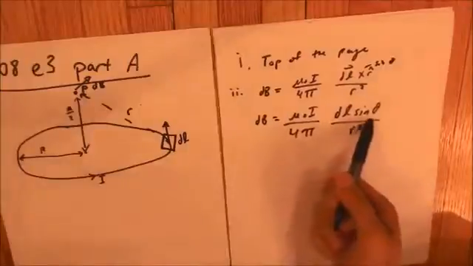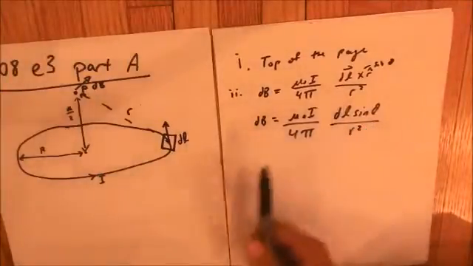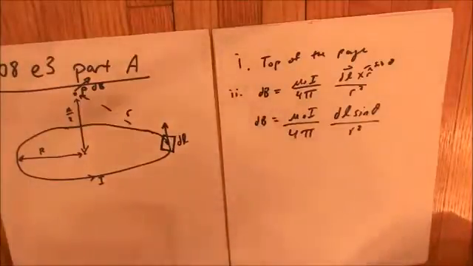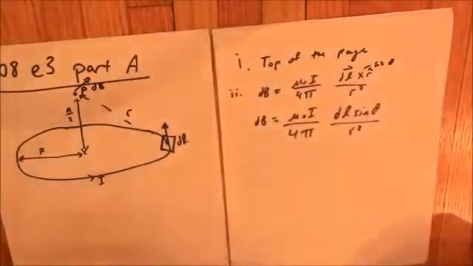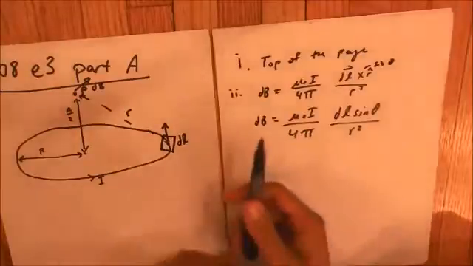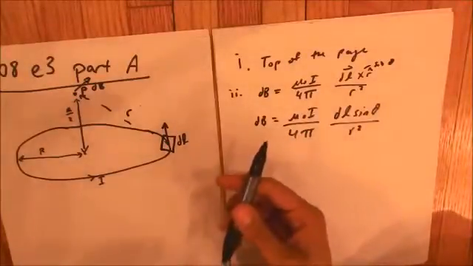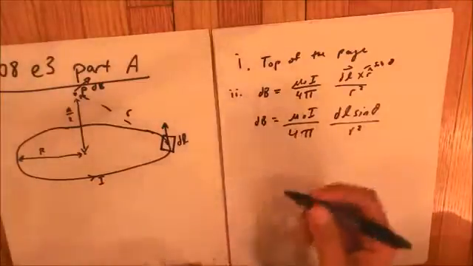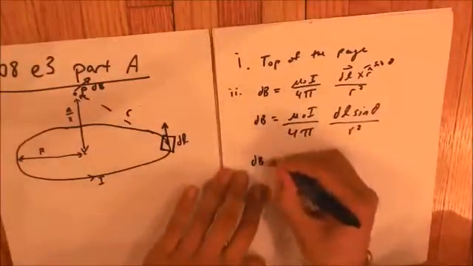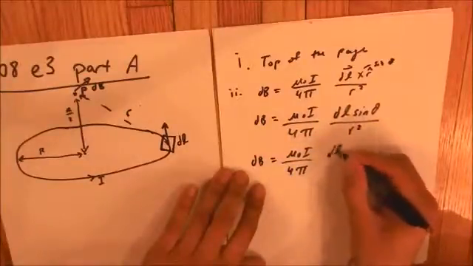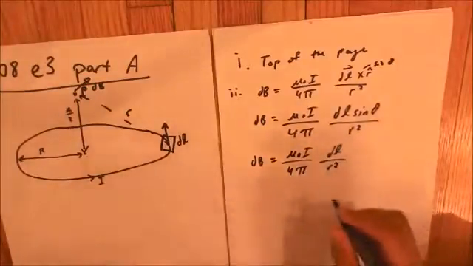But since dl is going into the page, and r is going in this direction up here, they're on different axes. So the angle between them is 90, and sine of 90 is 1. So we're just going to have dB equal to mu naught I over 4 pi dl over r squared.